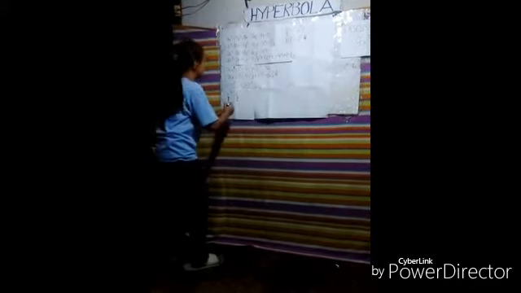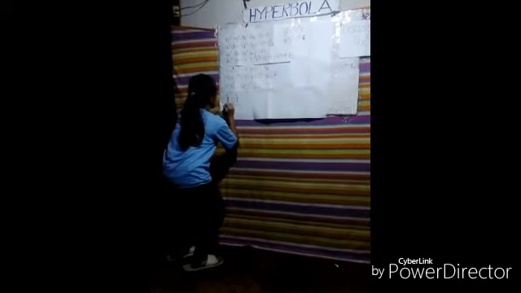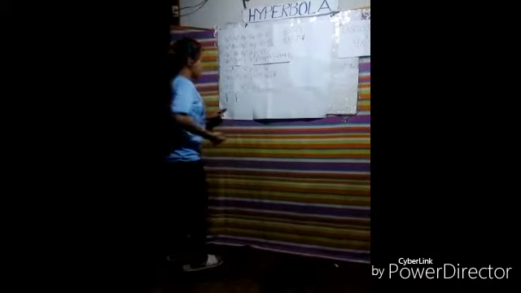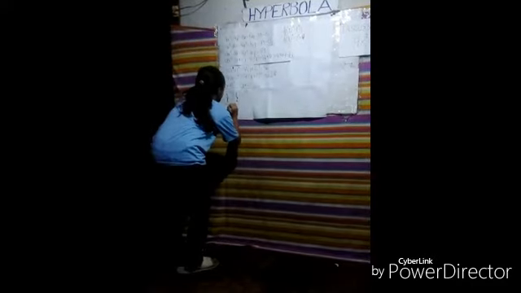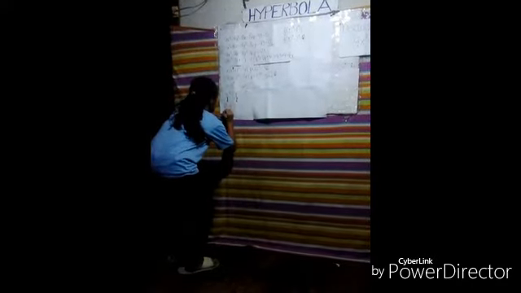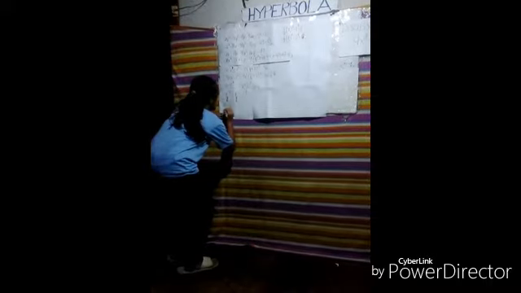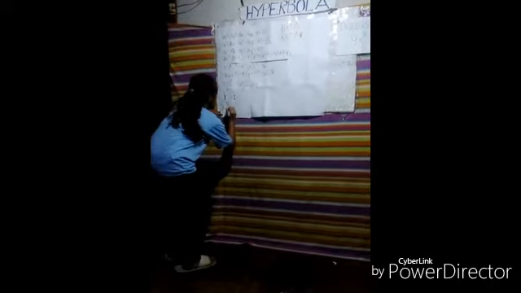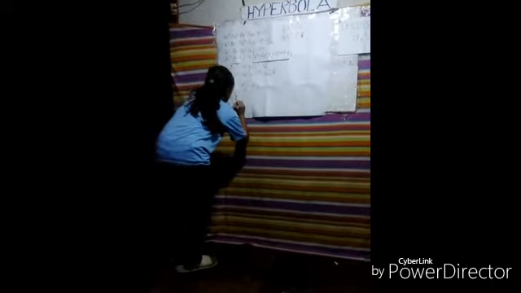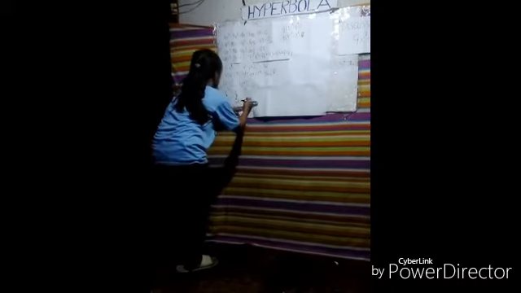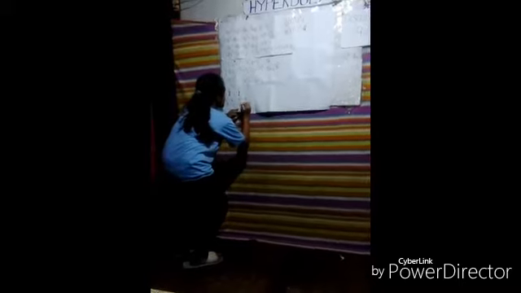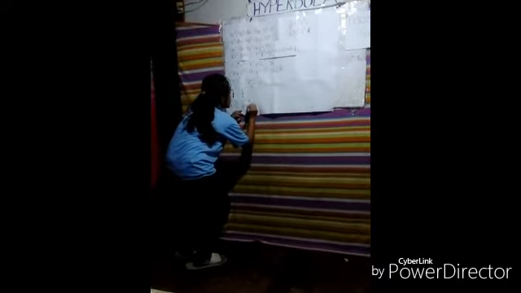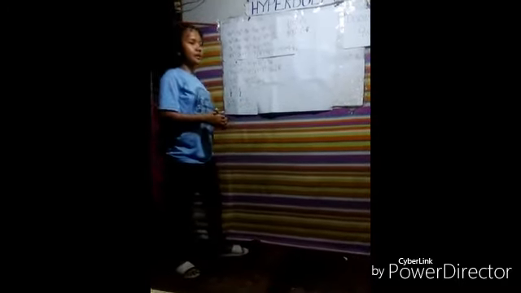Then we can now get a squared. A squared here is 4, so take the square root of 4, it becomes plus or minus 2. Then b squared is 9. Take the square root, it becomes plus or minus 3.